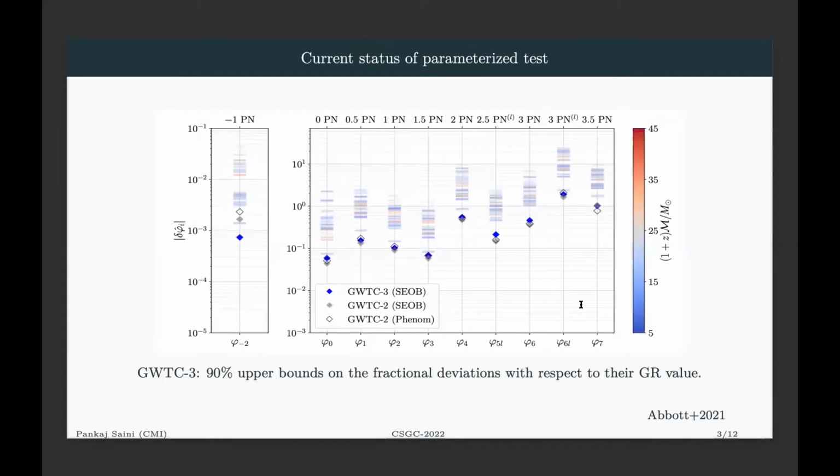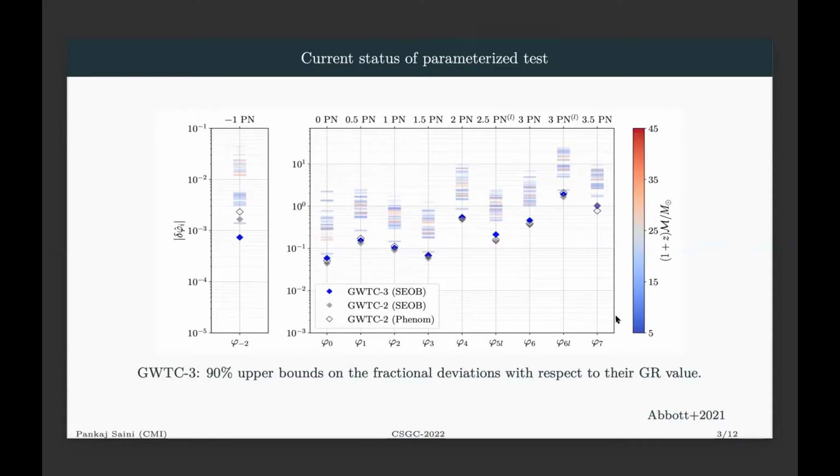These are the bounds on these deviation coefficients using the third gravitational wave catalog. On the left, we have the dipole term, and on the right, we have the positive post-Newtonian coefficients. The horizontal bars represent the bounds obtained using individual events, with a color coding representing the chirp mass of the system in the detector frame.